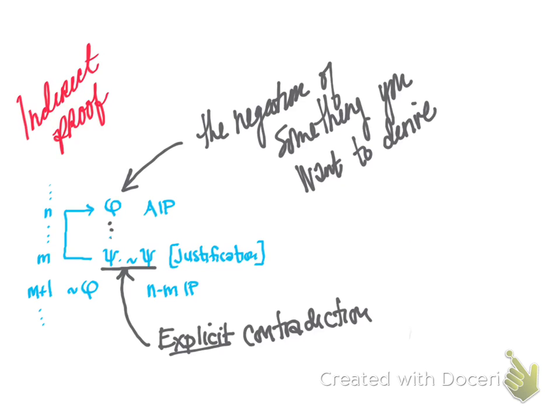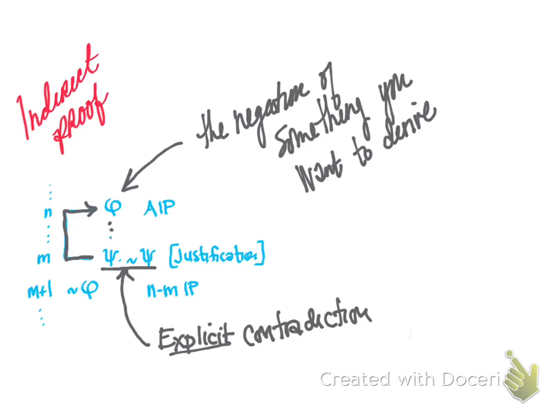Okay, the only time you can end an indirect proof like this, a subproof, is once you've derived that explicit contradiction. And when you do that, the very next line will be the negation of your AIP. Whatever it was, the negation of that is the immediate line after you have closed your subproof.